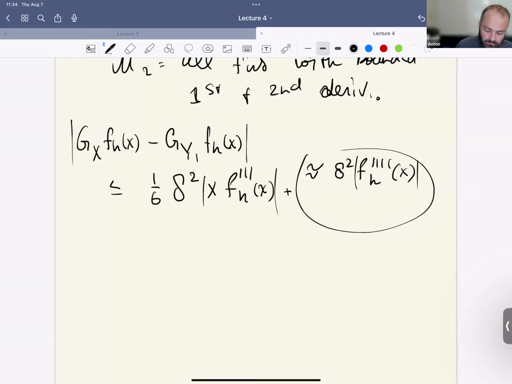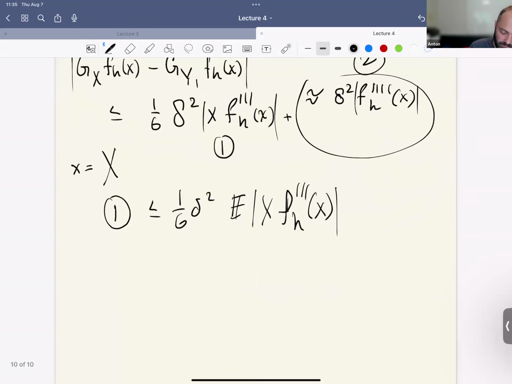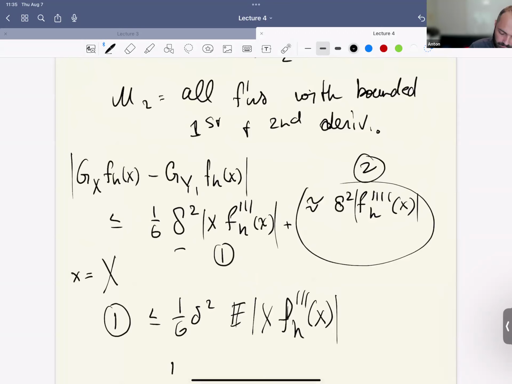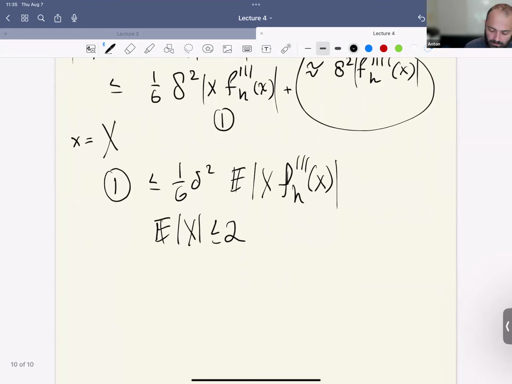Okay. So now if we replace x by the Markov chain stationary distribution, and take expectations, what do we get? We get two errors, 1 and 2. Error number 1 is less than or equal to 1/6 delta squared, expected value of absolute x times f triple prime sub h. And we say, great, well, we know that the expected value of |x| is less than or equal to 2. It's the same distribution. That doesn't depend on the diffusion approximation.